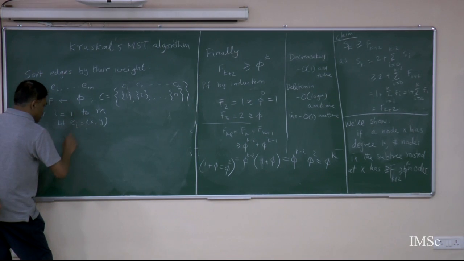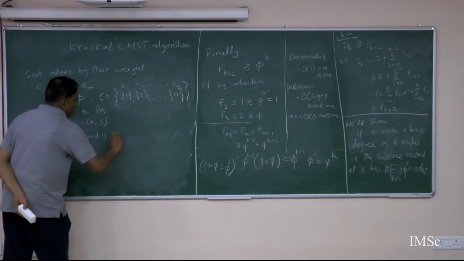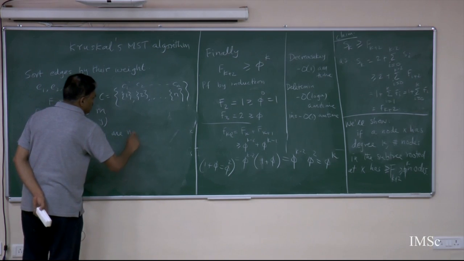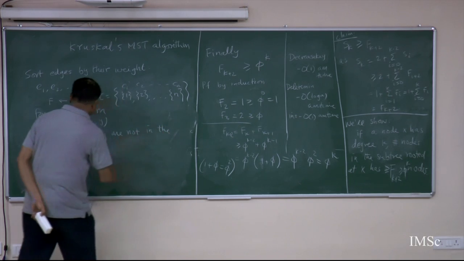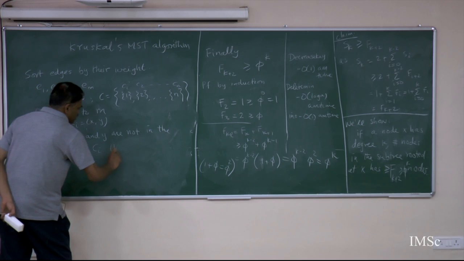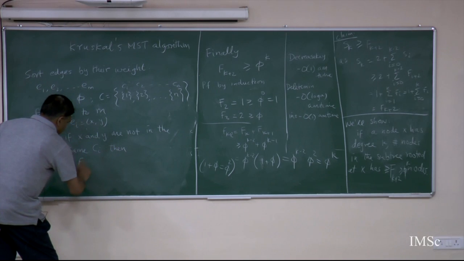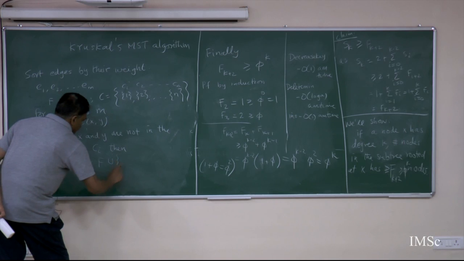If x and y are not in the same Ci, then F is equal to F union ei.